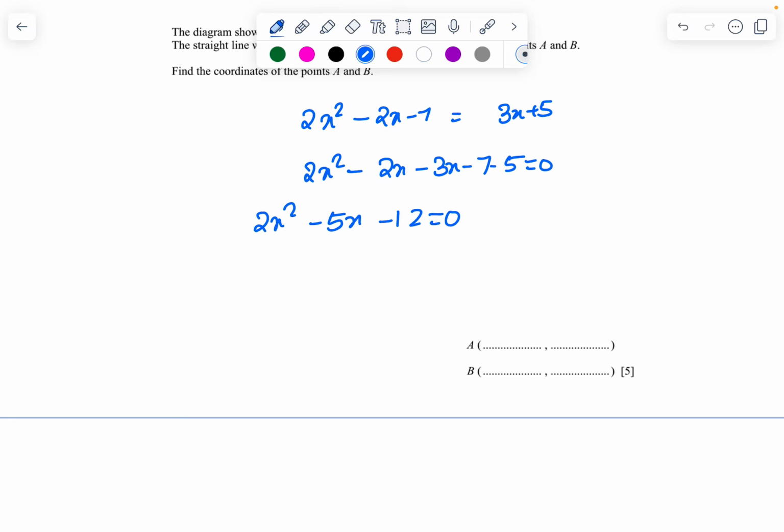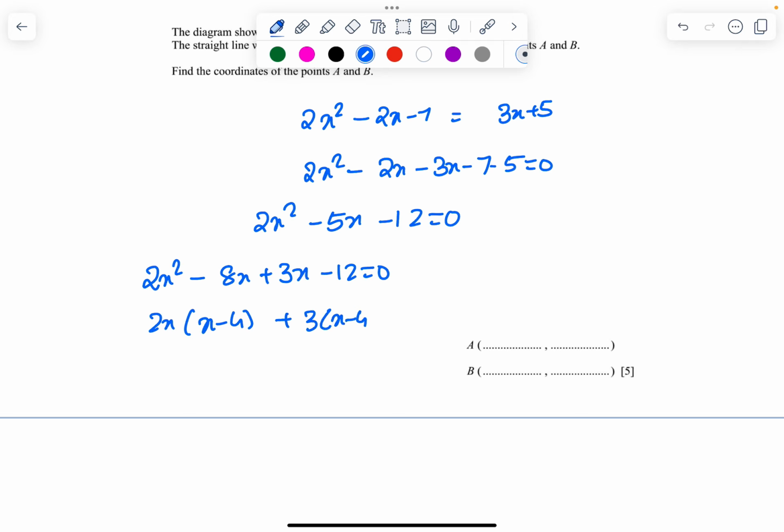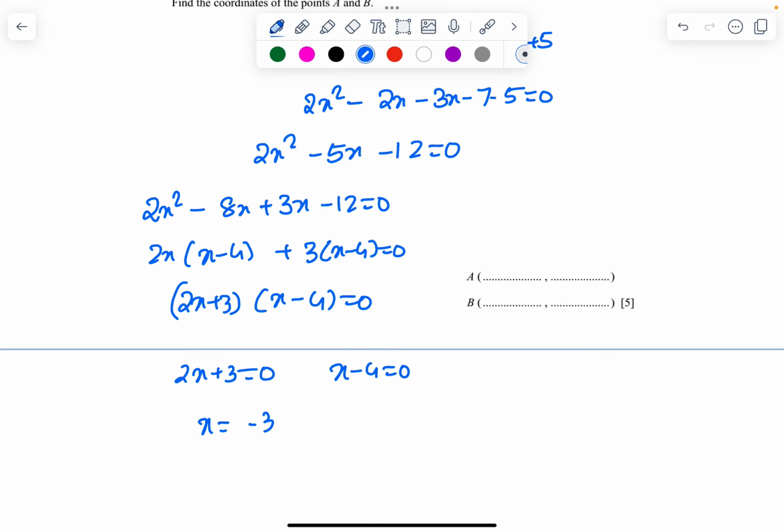You can use the formula or factorize. 2x squared minus 8x plus 3x minus 12 equals 0. 2x common, x minus 4, plus 3 common, x minus 4, equals 0. 2x plus 3 times x minus 4 equals 0. So 2x plus 3 equals 0 or x minus 4 equals 0. So x equals negative 3 by 2, or x equals 4.